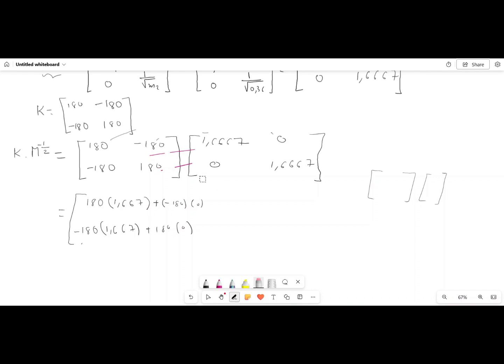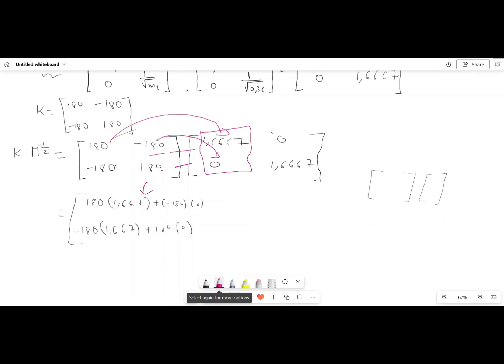On the first one here, to fill the first row, let me just highlight something. I think that can make more sense. If we want to fill the first row here, we use these two guys: 180 multiplied by this plus 180 multiplied by 0 makes the first row on top.